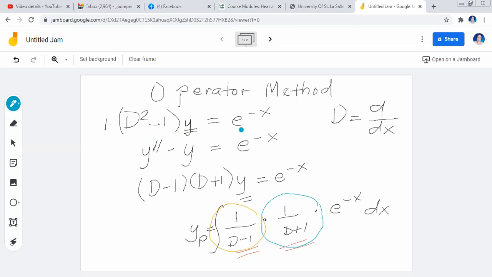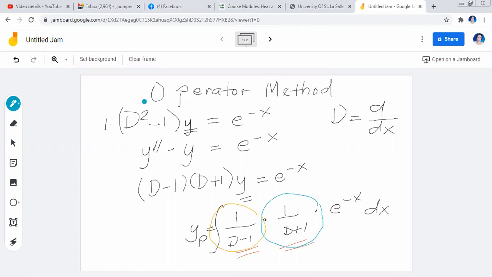But in terms of what is written on the right side, the g of x, it does not have any limitation if compared to the method of undetermined coefficients. The method of undetermined coefficients requires only that your g of x will fall as either an exponential function, a constant, a polynomial, or a combination of these, even a sine and a cosine.